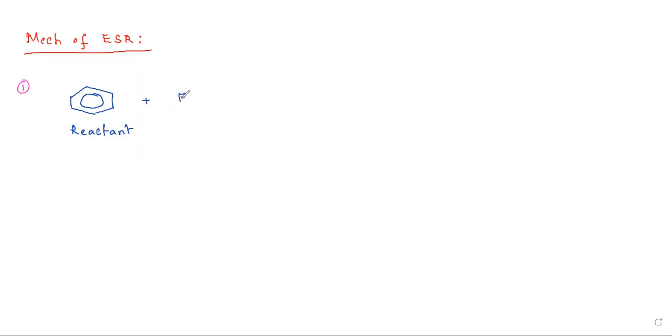Now this reactant with EA, from which we get electrophile. Now the reactant is attacking the electrophile and then the A minus goes off.